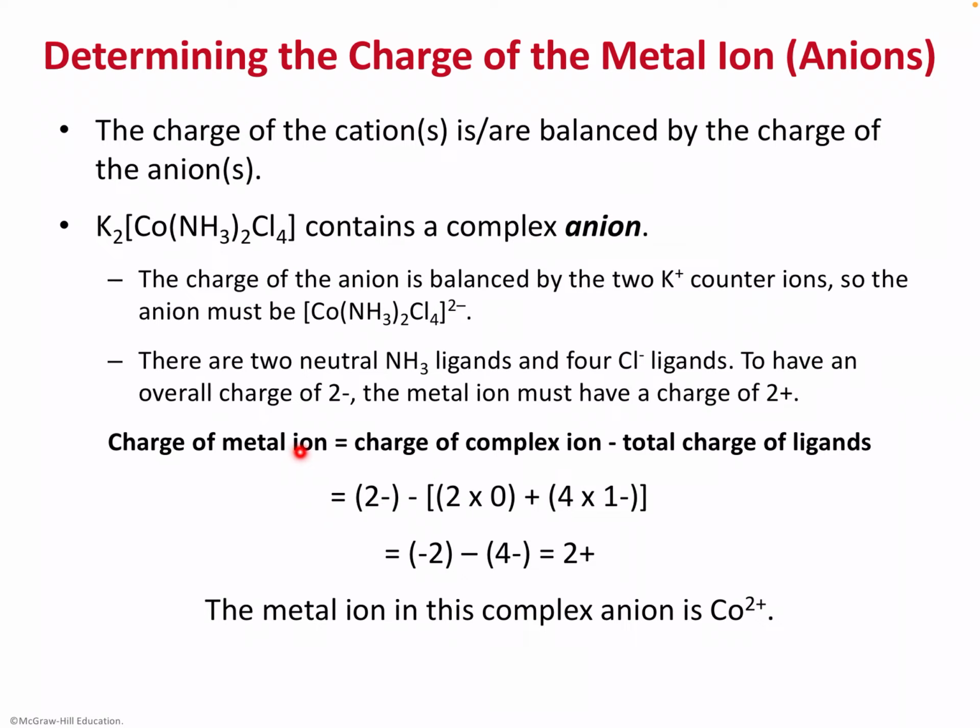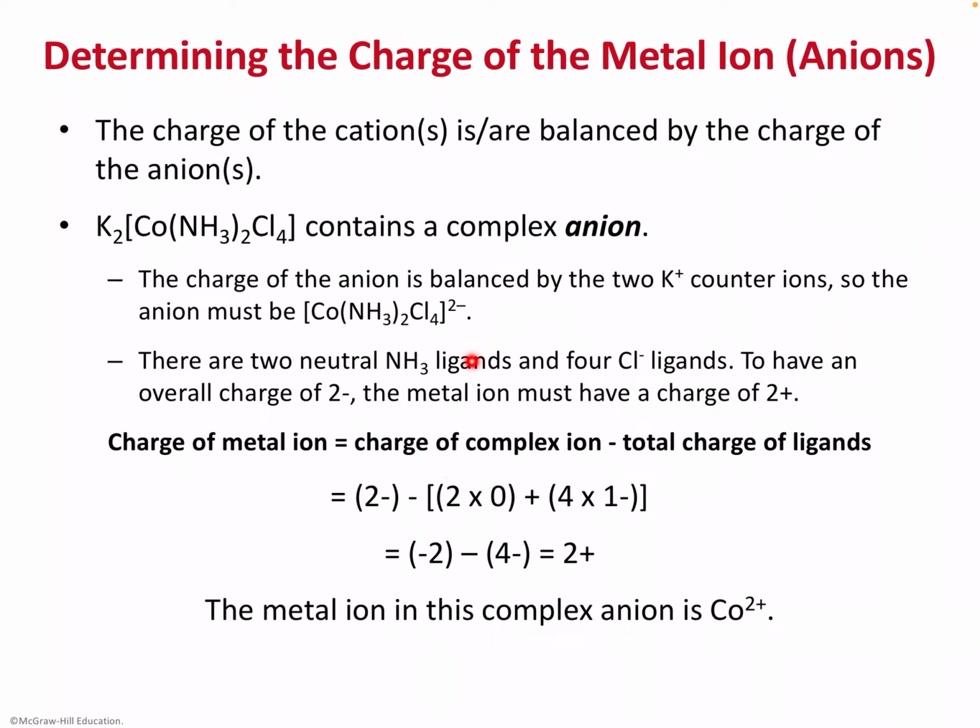The charge of the metal ion equals the charge of the complex ion minus the total charge of the ligands. The charge of the complex ion is -2, and then you subtract the total charge of the ligands. Ammonia is 0, and there are 2 ammonia ligands.